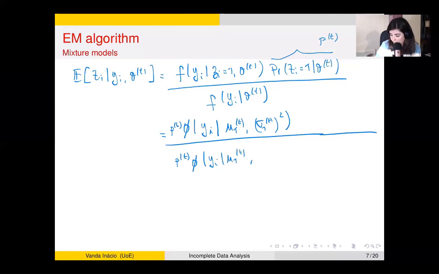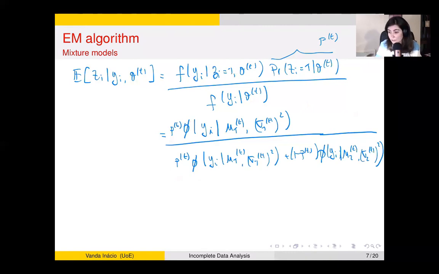And that's it. That's my expectation. And now I just need to plug this expression here in my Q function.